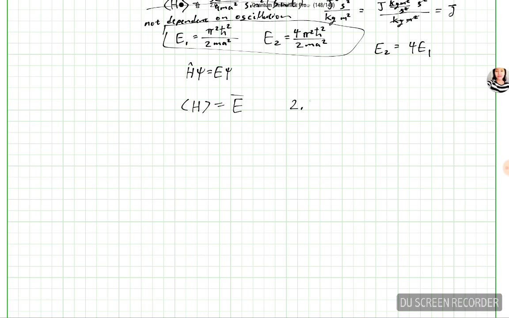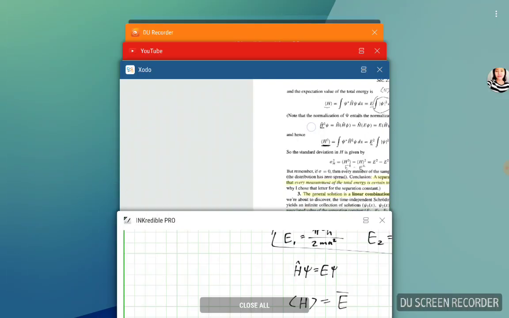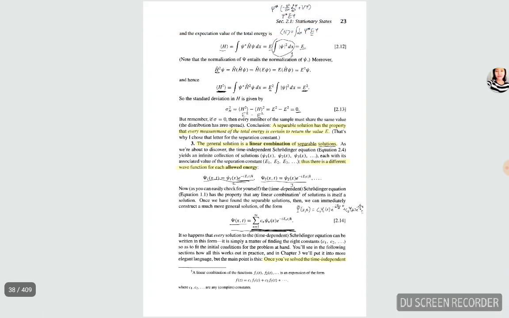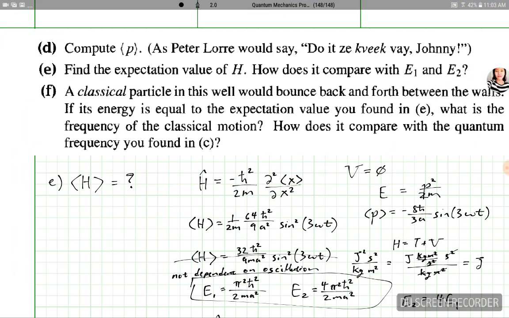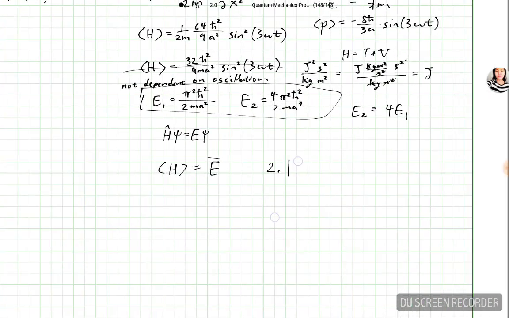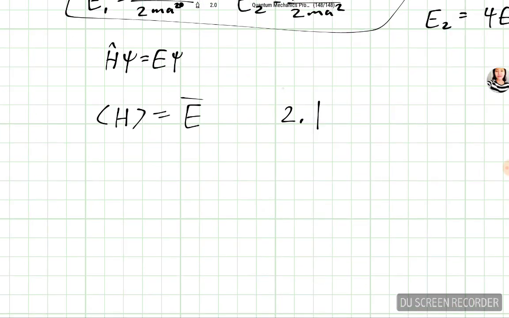So that was section 2.1, equation 2.12. So from section 2.1, equation 2.12, we have this.